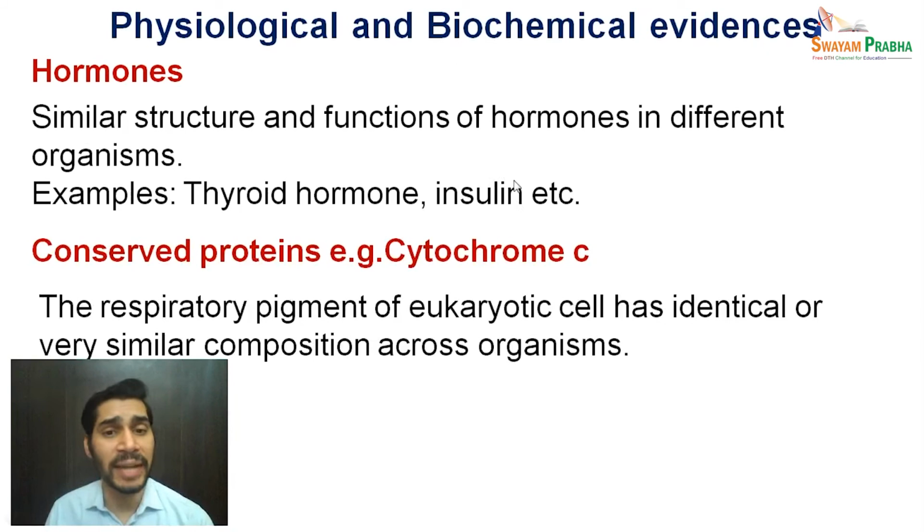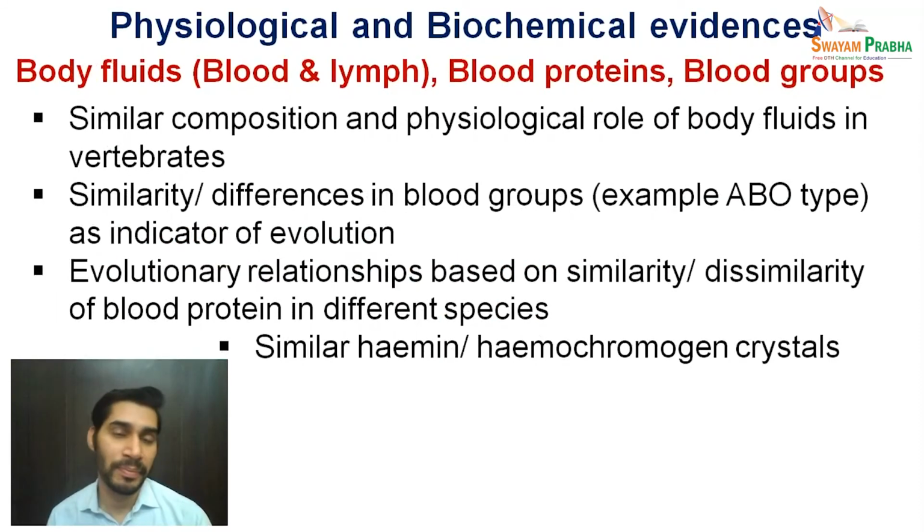Same is the case with cytochrome C, which is a respiratory pigment of the eukaryotic cell. It has identical or very similar composition across all the organisms we have come across. If you take the example of blood and lymph, that is the body fluids, or the blood proteins or blood groups, there is a similarity in composition and physiological role of these fluids in all the vertebrates.